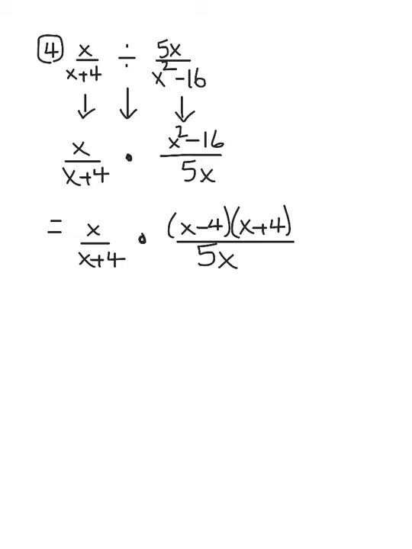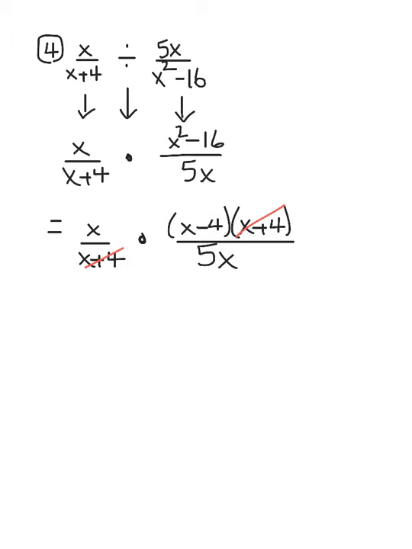All right, now remember what I've been saying with the other three problems. If we want to simplify, we can always cancel like terms as long as one is in the numerator and one is in the denominator. So I see here I have an x plus 4, and I see here I have an x plus 4. All right, so let's cancel those guys out. X plus 4, x plus 4.